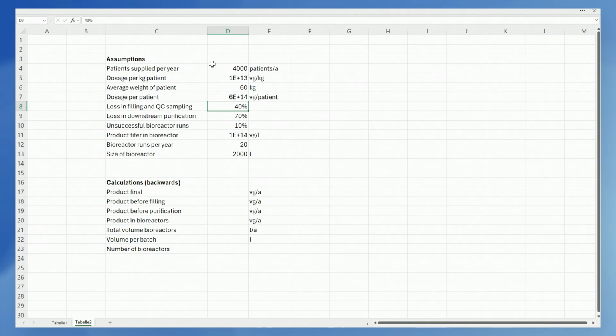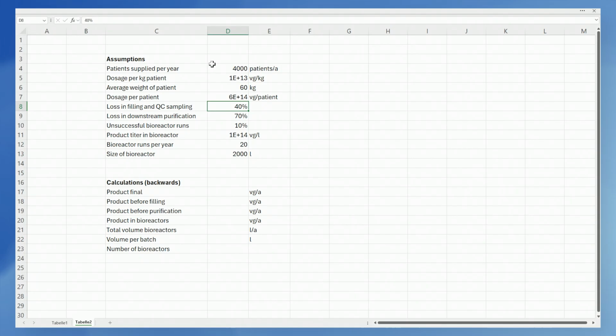So in the filling machine, you will have sterile filters that you cannot flush, because then you would dilute your product. And so you have significant losses in your filters, also in your tubing and your bags that you're using in the filling machine. QC sampling can be very significant because you will have to take a significant amount of samples to check all the quality parameters that you need to check to be able to release the product.